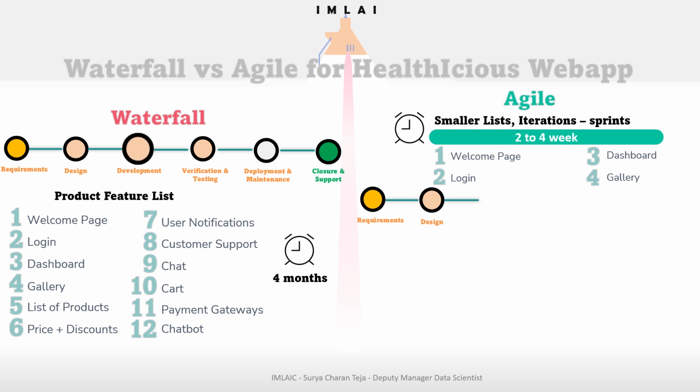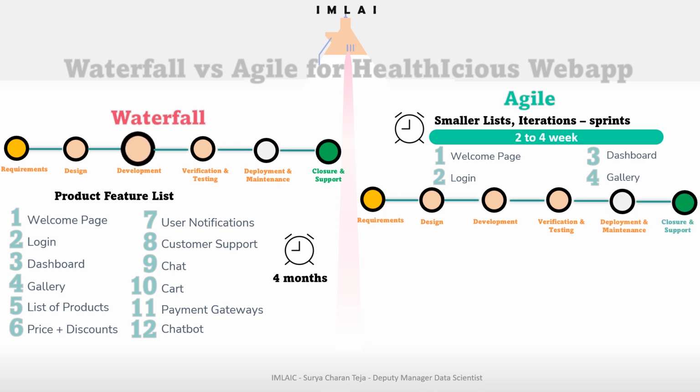Then we will design the user interface and user experience for these four features. Then we will develop only these four features, do the verification and testing for only these four, then deploy it, and do the maintenance, closure and support for these four features.